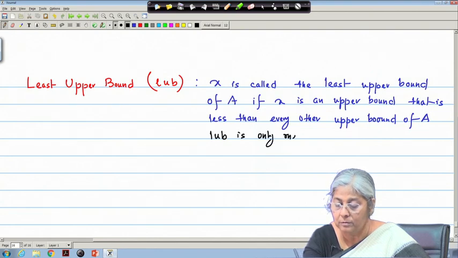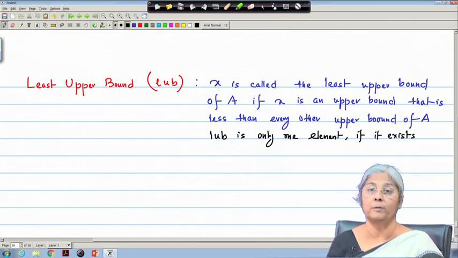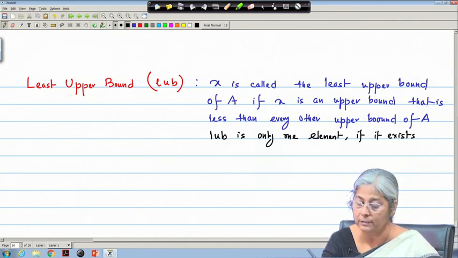So, I can write that LUB is only one element, if it exists, because we have seen that even an upper bound may not exist, then the least upper bound obviously will not exist.